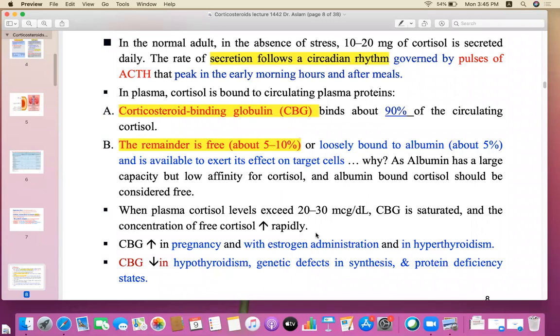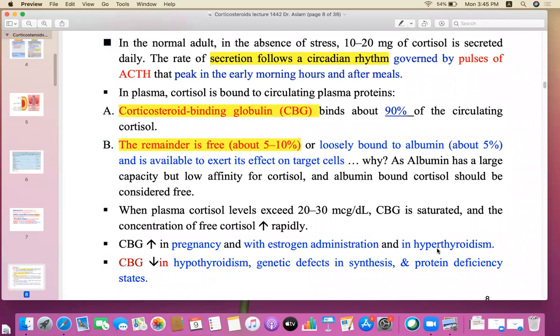There are two examples here. Corticosteroid binding globulin increases in pregnancy, with estrogen administration, and in hyperthyroidism. What is the clinical importance? If the saturation is increased, the free drug is increased, and there may be chances of adverse effect, so we have to minimize the dose accordingly.